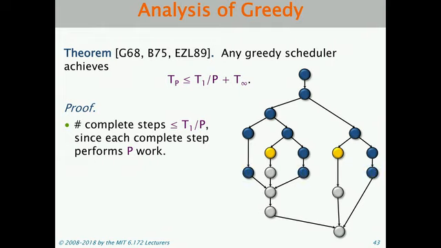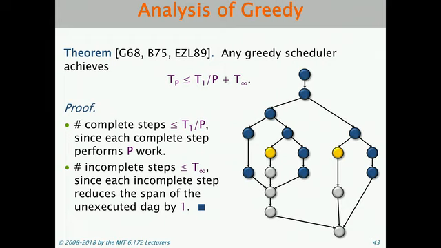Now let's look at the number of incomplete steps we can have. The number of incomplete steps is upper bounded by the span, or T_infinity. The reason is that if you look at the unexecuted DAG right before you execute an incomplete step, and you measure the span of that unexecuted DAG, you'll see that once you execute an incomplete step, it's going to reduce the span of that DAG by 1.